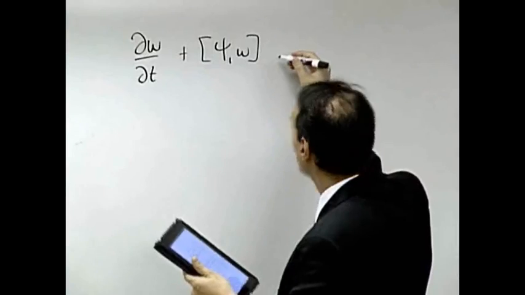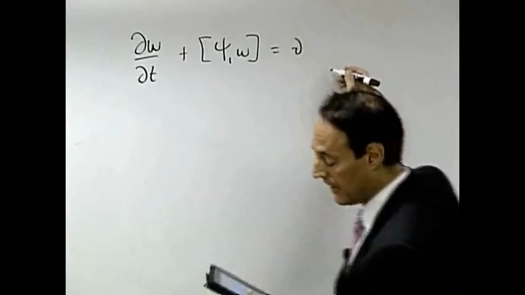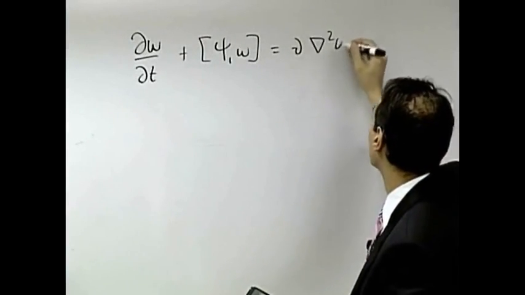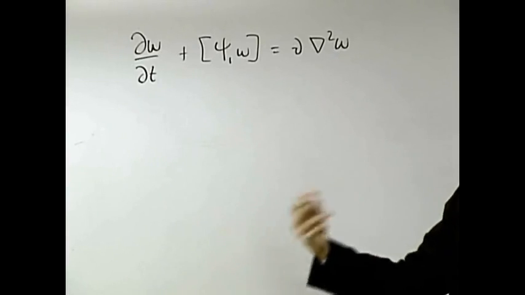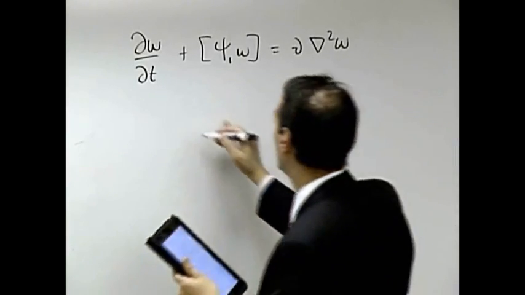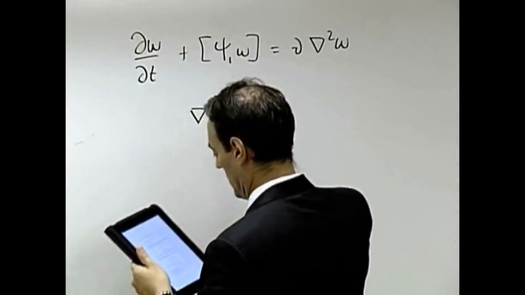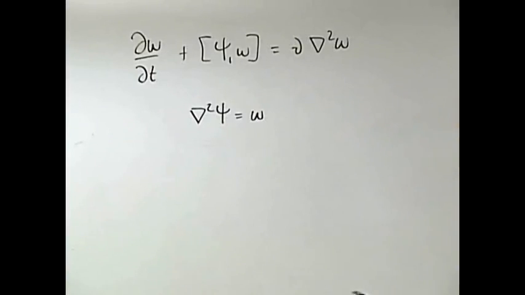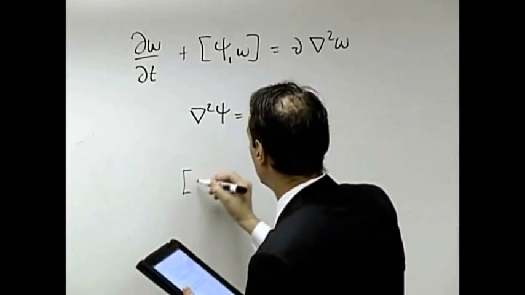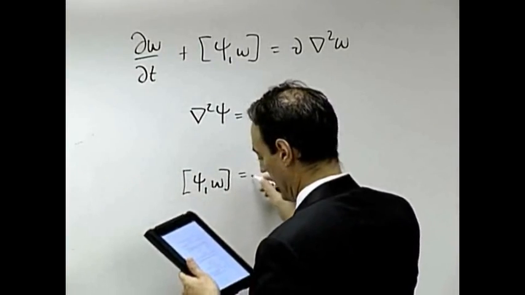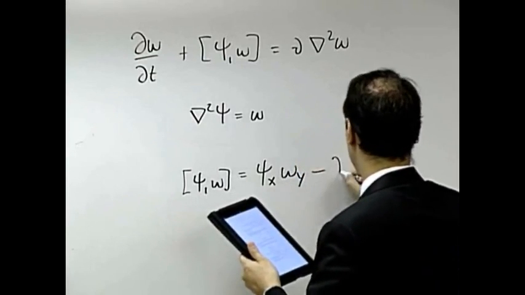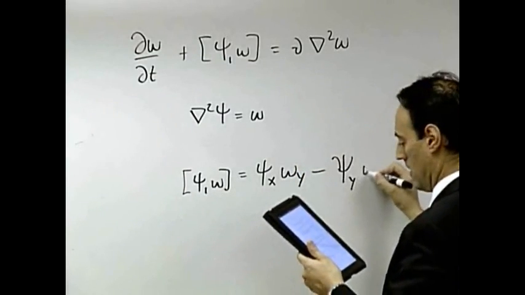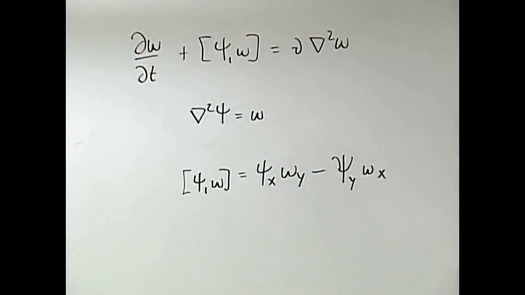And I'm going to add one thing in here, which I didn't carry through in the derivation, but you can bring it in either empirically or through a derivation by including dissipative effects, and I'll tell you that in a minute. Here it is. Here are the equations where this bracket is the following: psi_x omega_y minus psi_y omega_x. These are a set of equations we're going to solve.